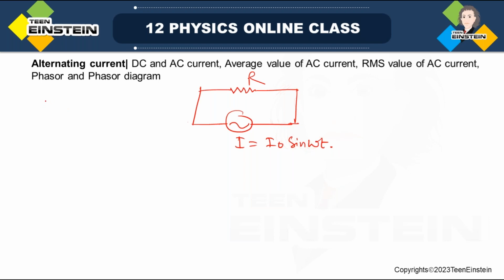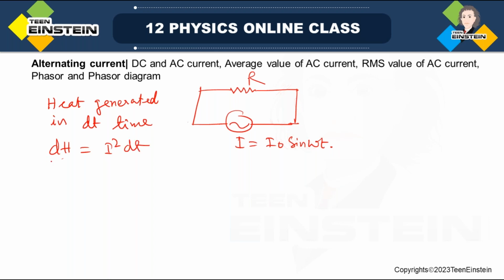So in dt time, what is the heat generated? Suppose that is dH, that will be I square R dt.